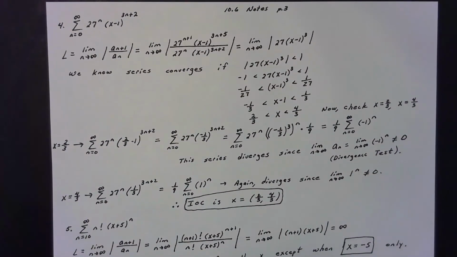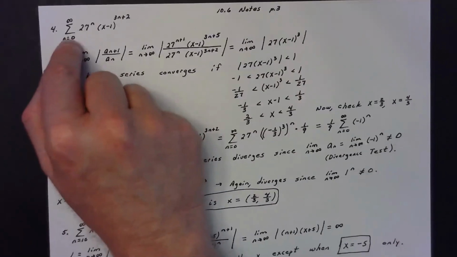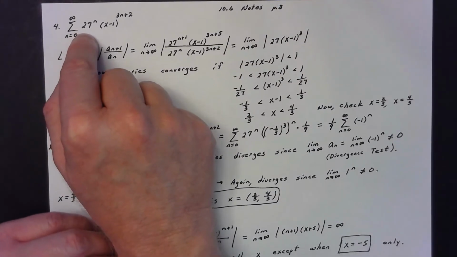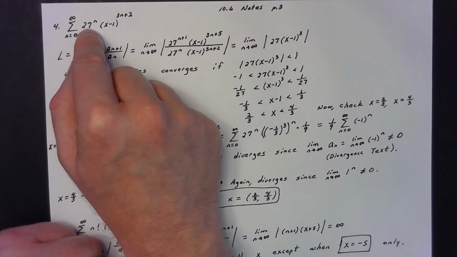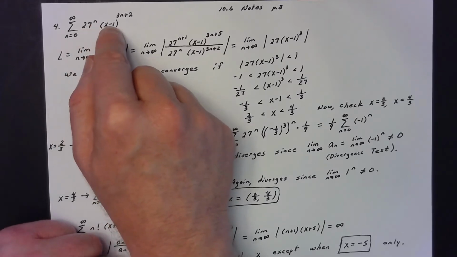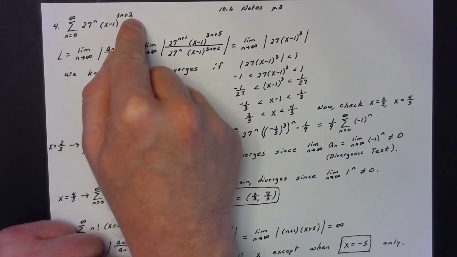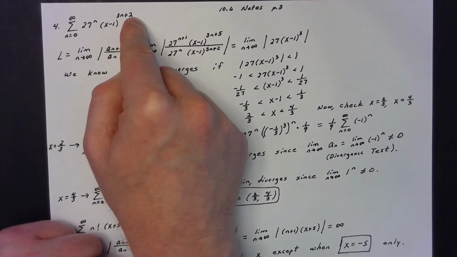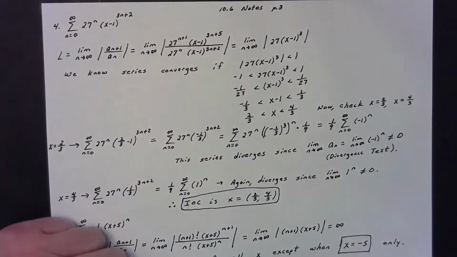So number 4 here, we're looking at the summation from n equals 0 to infinity of 27 to the nth power times (x minus 1) to the 3n plus 2 power. Now this one's a little harder to think about, so let's make sure we really break this one down.